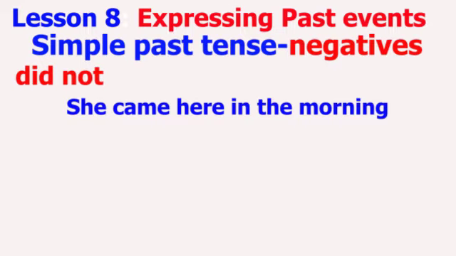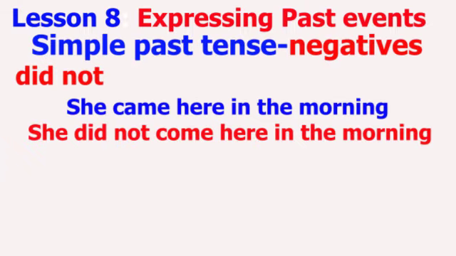And she came here in the morning is going to be she did not come here in the morning. As you can see, the words did not are added after the subject. The subject may be a pronoun or a noun. I know that you remember. So we say she did not come here in the morning.